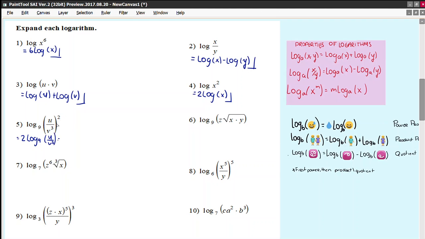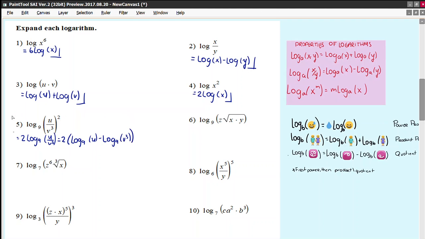Now, my argument is a quotient, so I have to use the property of quotients. So I'm going to separate this as 2 times logarithm base 9 of u minus logarithm base 9 of v to the power of 3.